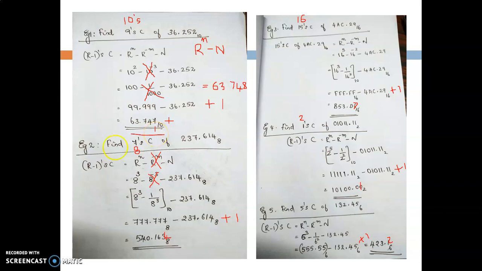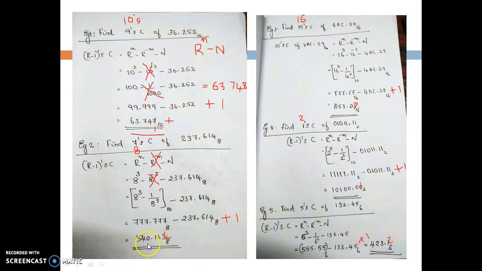Similarly, if you want to find the 8's complement of 237.614, you have to find the 7's complement and then add 1. So how will you find the 7's complement of this number? It is 777.777 minus 237.614, that is 540.163, which will be added with 1.